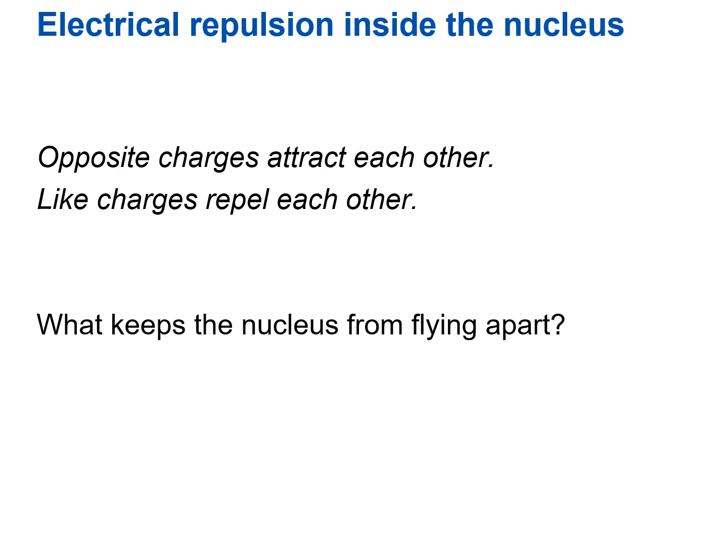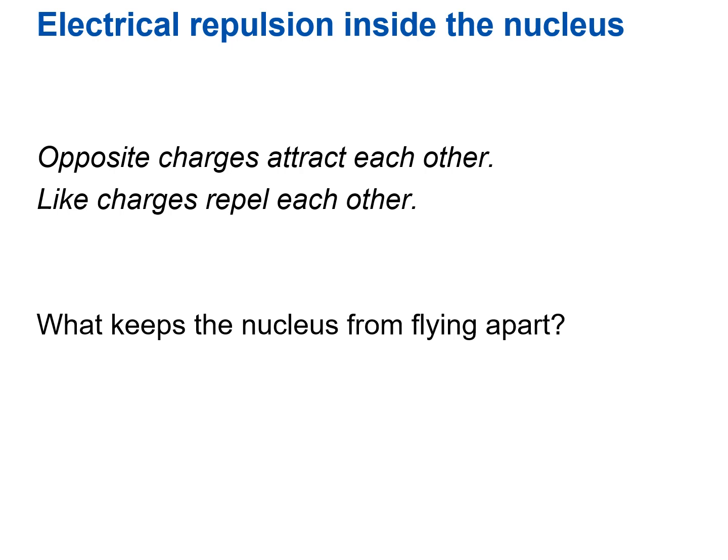Let's talk about electrical repulsion inside the nucleus. Remember the phrase opposite charges attract each other, like charges repel each other. So the question is, what keeps the nucleus from flying apart? And the reason I ask that is because think of what's inside the nucleus. Protons and neutrons. Neutrons don't feel anything electrically, but think about those protons.